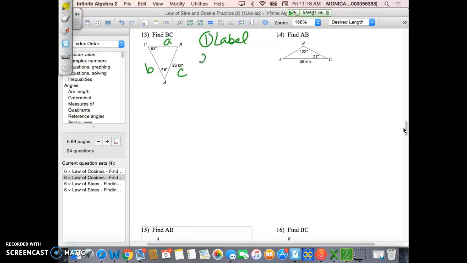So the second thing is to highlight what I'm looking for. And I'm looking for BC, so I'm looking for little a. All right, so one thing I know for certain is I'm going to have to use A and big A. So it's going to be a, which I don't know, over the sine of 49.